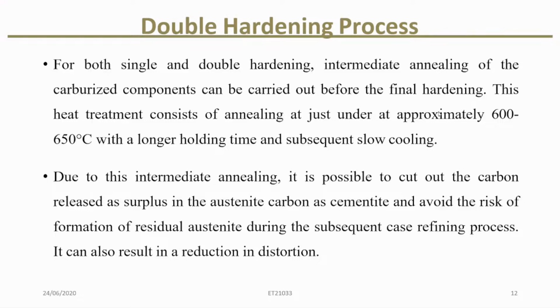So between those steps, we can add an intermediate anneal around 600 to 650 Celsius with a longer hold and slow cool. The goal is to precipitate excess carbon from over enriched austenite, so we avoid retained austenite in the final case structure and reduce distortion.